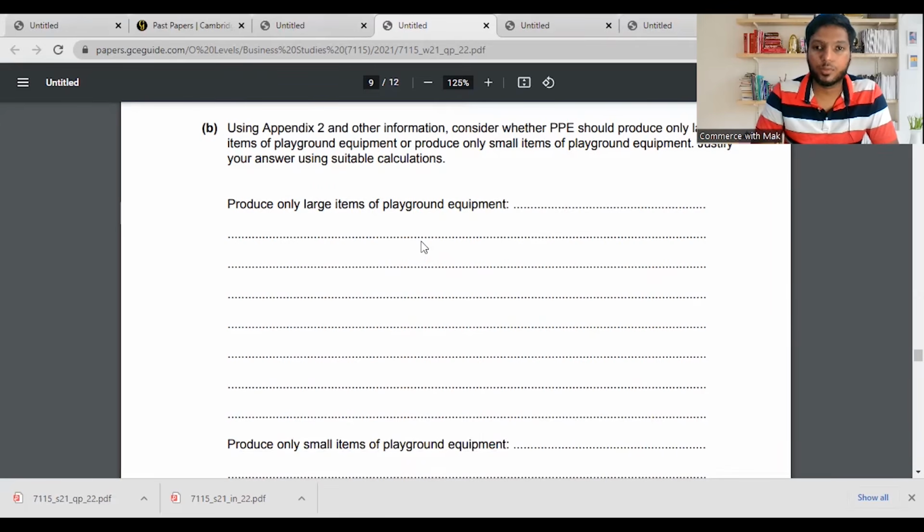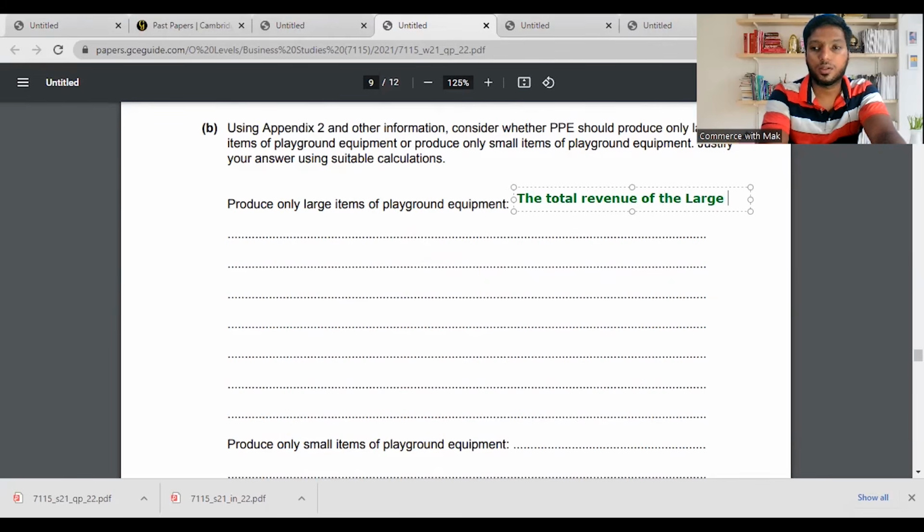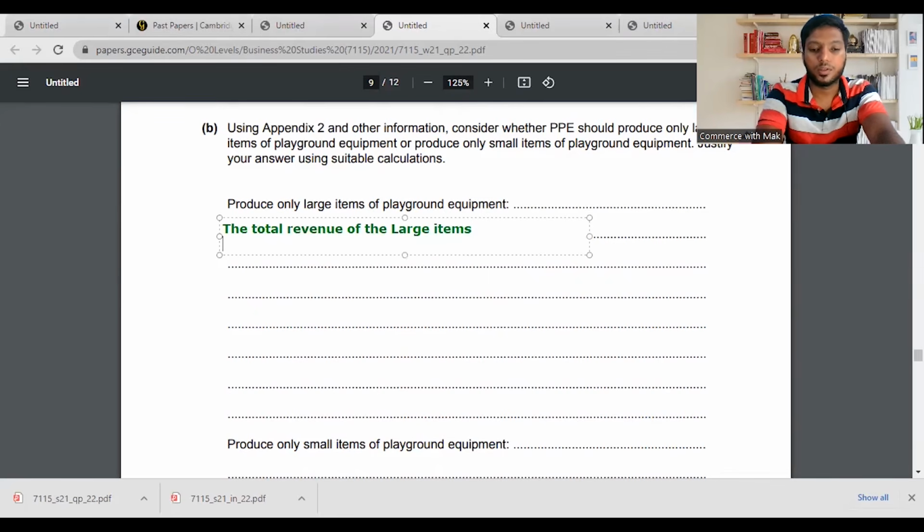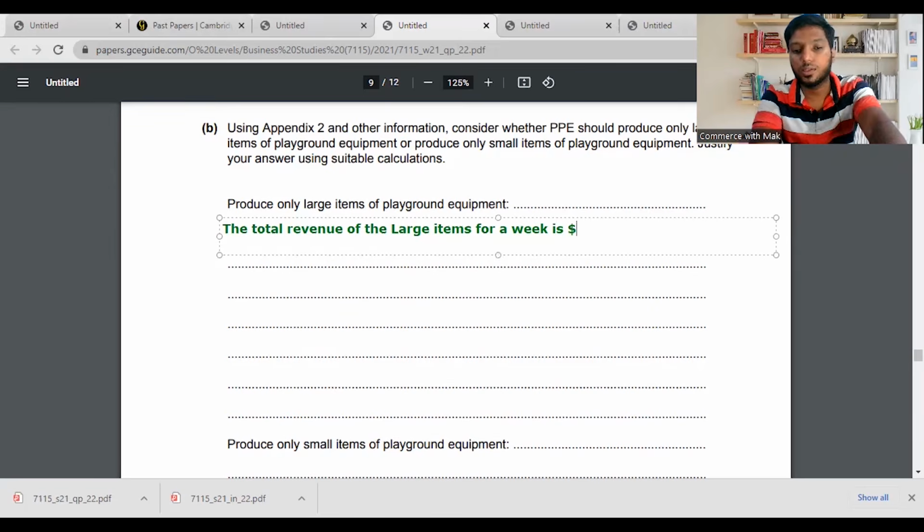Produce only large items of playground equipment. Why do you want to produce playground equipment? You should always start with the total revenue in this way. The total revenue of large items for a week is $3,000. This calculation you should write like this here; you don't want to show the workings here.